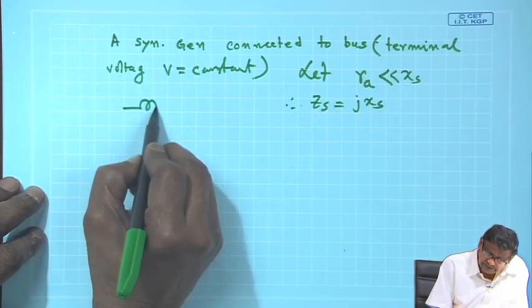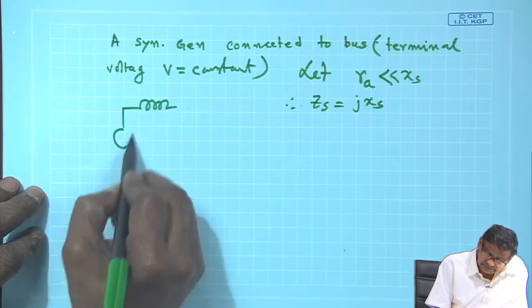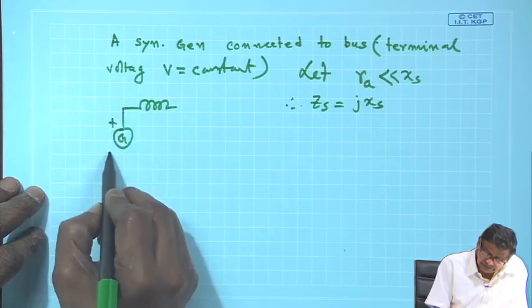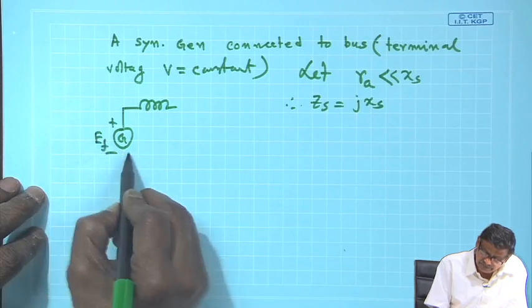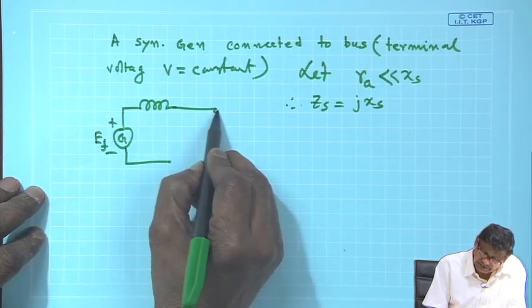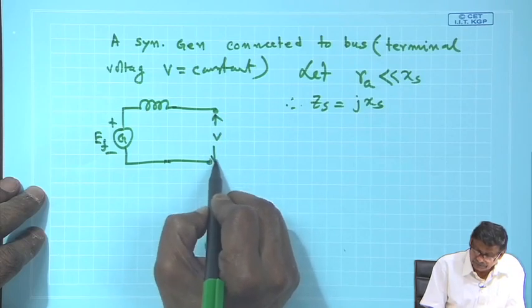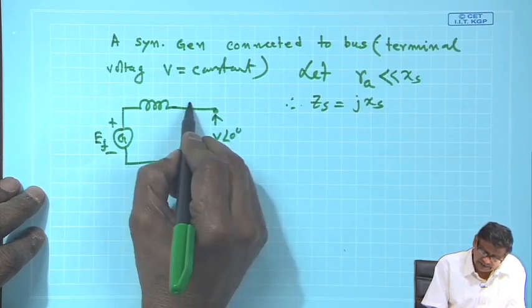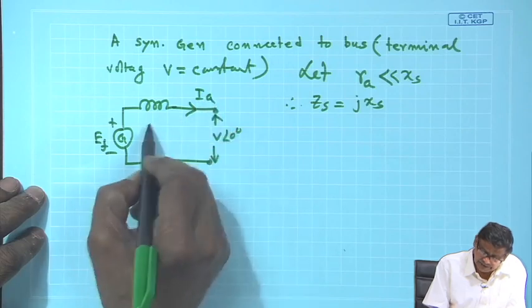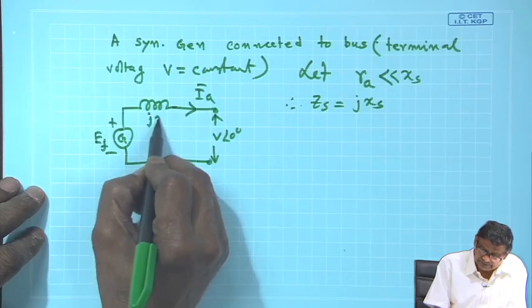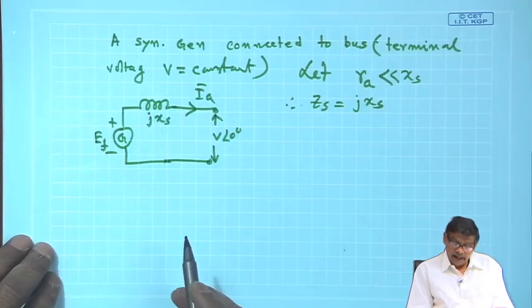So, under this condition, this is the generator mode, this is E_F, and here is your bus voltage V, which is at 0 degree, and it is delivering a current I_A, and this is jX_S.